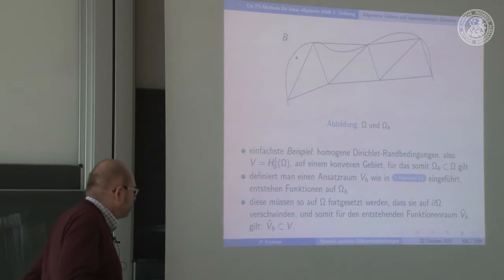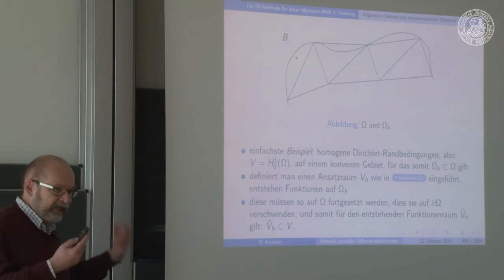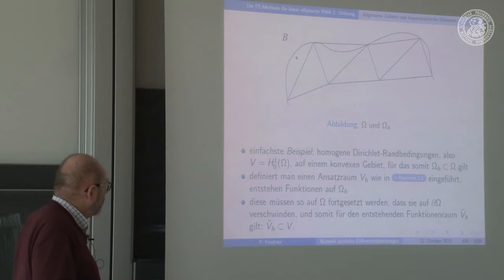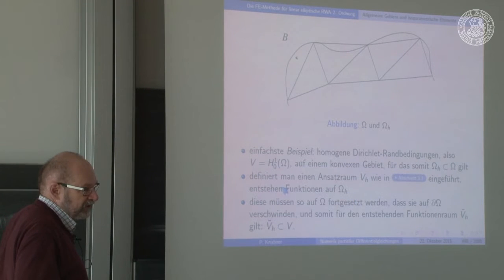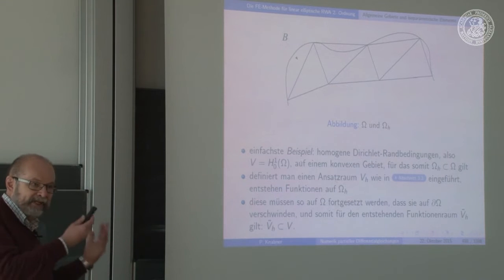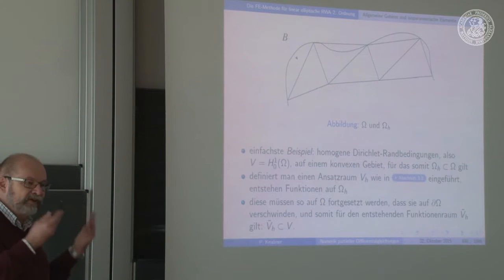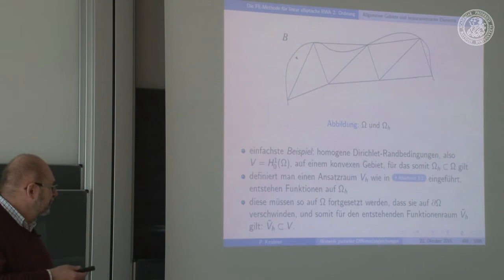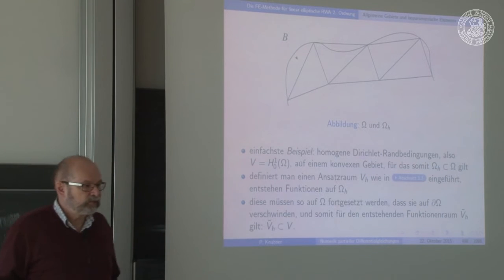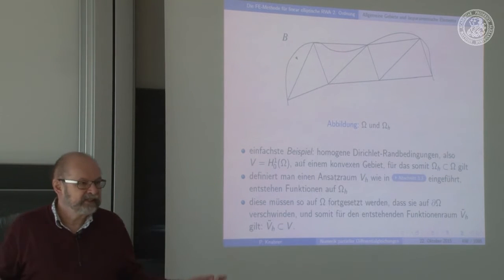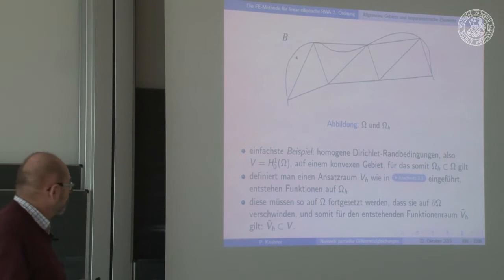But it's not good enough, because if we would define our VH in the way we did till now, only based on the omega h, of course, this would not be a subset of V. That is the basic assumption of our theory. This is the very heart of the theory, because this conformity, VH subset of V, is the basis for the orthogonality of the error on which everything is based. On which Céa's lemma is based, everything would break down.